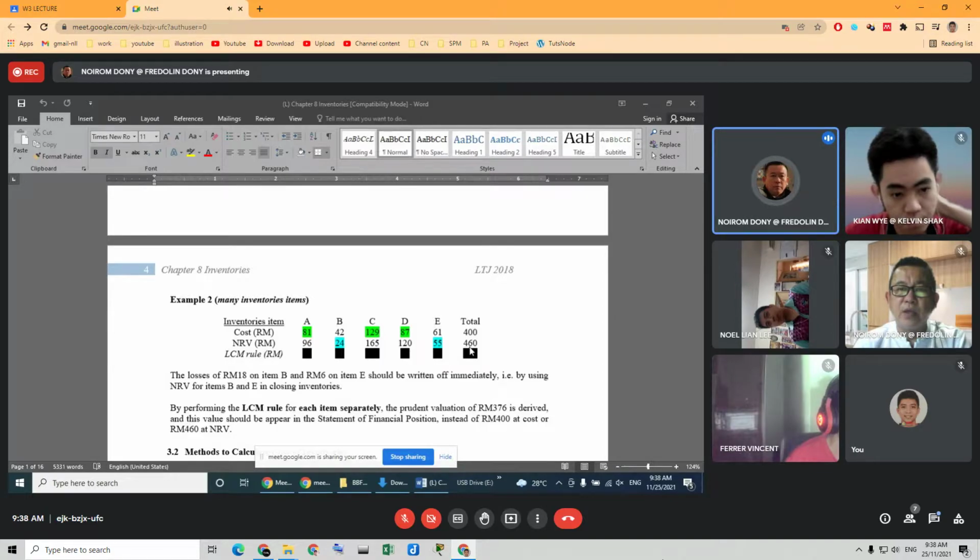In total it is 460. So a common mistake made by your seniors previously: they take the totals and do the comparison, 400 and 460, so they take 400 as the value of inventory. That is wrong. You have to do the comparison for each individual item.